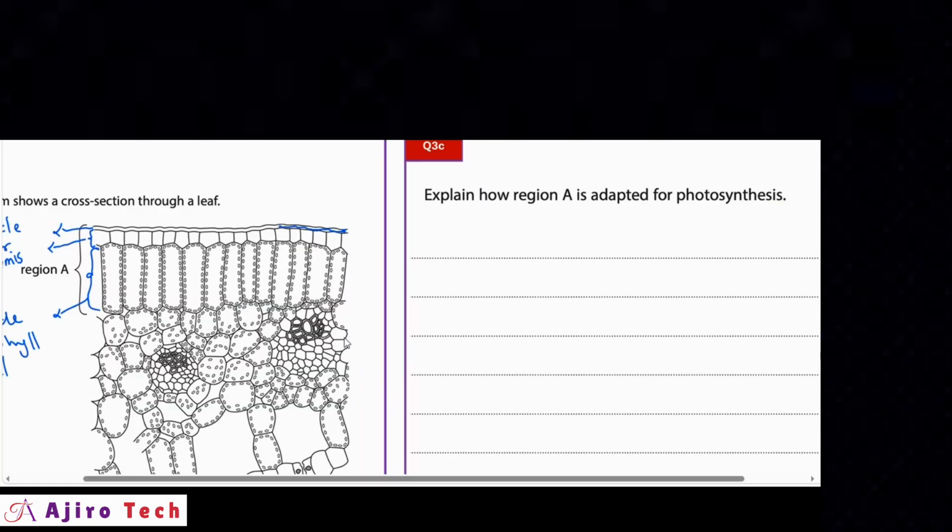So it becomes difficult for water to escape through that surface. So we say the waxy cuticle helps in conserving water.